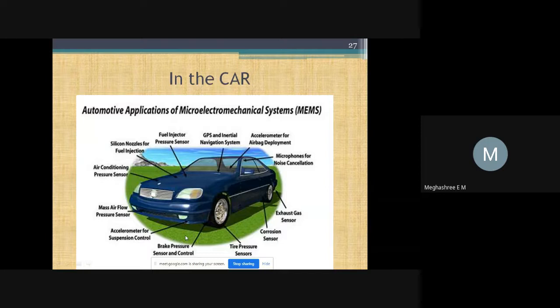In a car, this is also used, as I said. There is the fuel injector, pressure sensor, GPS, airbag, microphones, noise cancellation, exhaust gas sensor, corrosion sensors, tire pressure sensor. All together, this is implemented with the help of MEMS. Automotive applications of micro electromechanical systems, in short.